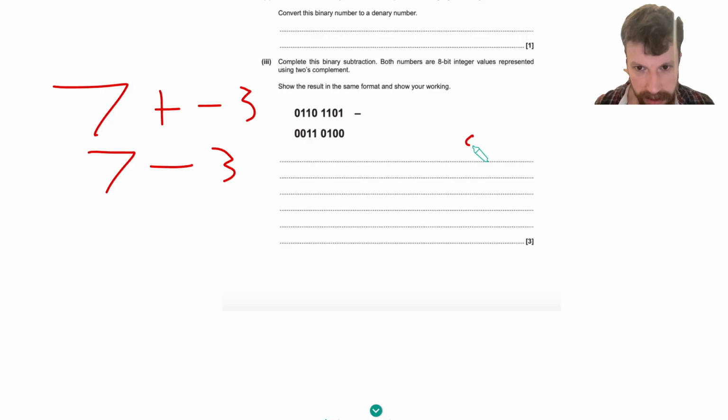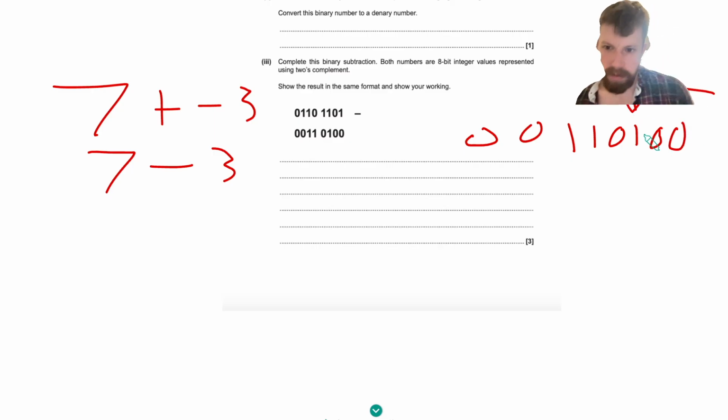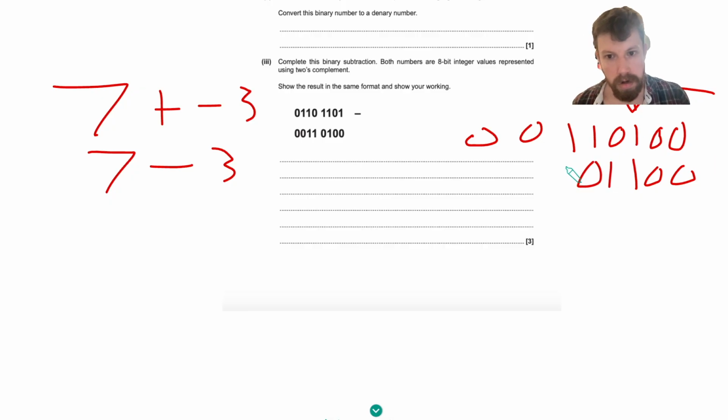So to 2's complement, this is a little one for the bottom one. So step 1, 2's complement the bottom number. I go from right to left, and I find the first 1. Everything at it and before it stays the same. Everything after it is flipped. So I go 1, 0, 0, 1, 1.